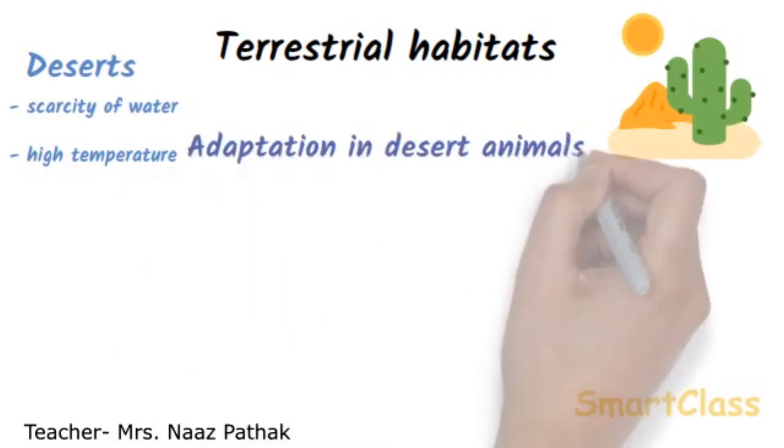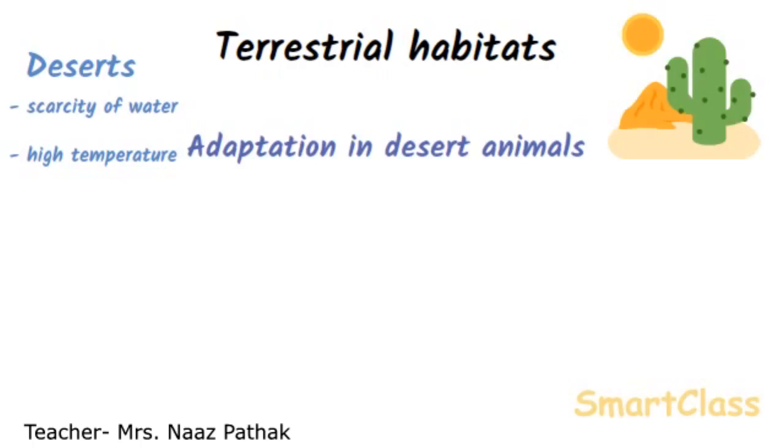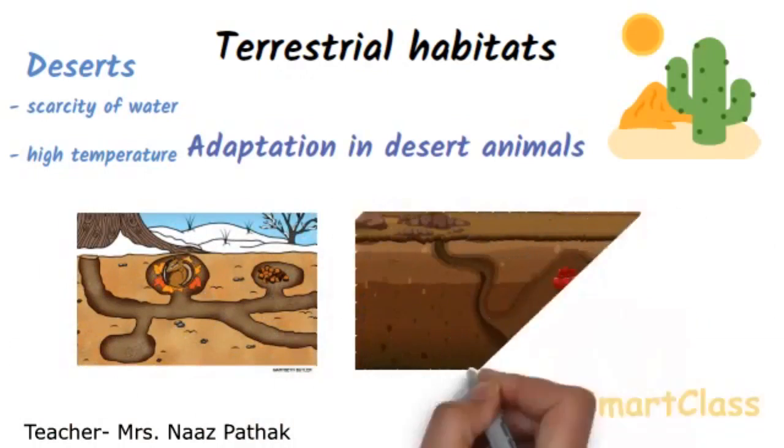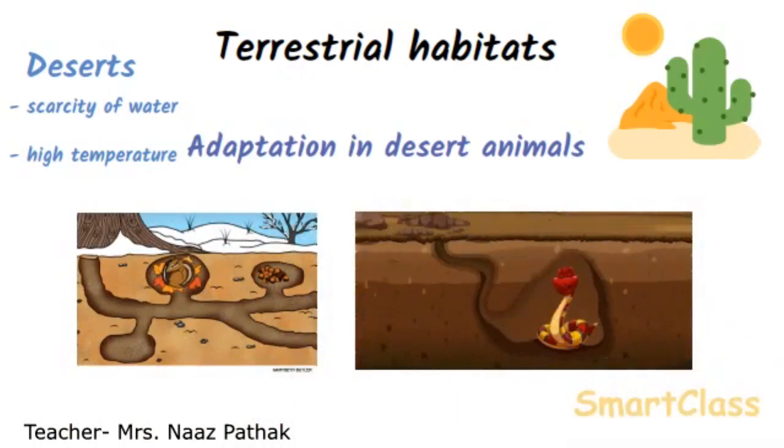Adaptation in desert animals. The desert animals such as desert rat and desert snake survive by living in the burrows during the hot daytime. The desert rats and snakes dig deep burrows in the sand and stay in them during daytime when it is very hot.